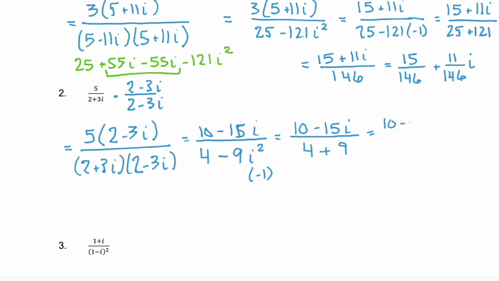We have 10 minus 15i with a denominator of 13. And remember, we need this as a real and an imaginary component. So the denominator stays the same of 13, and the numerators are 10 and 15. Okay, let's look at one more example.